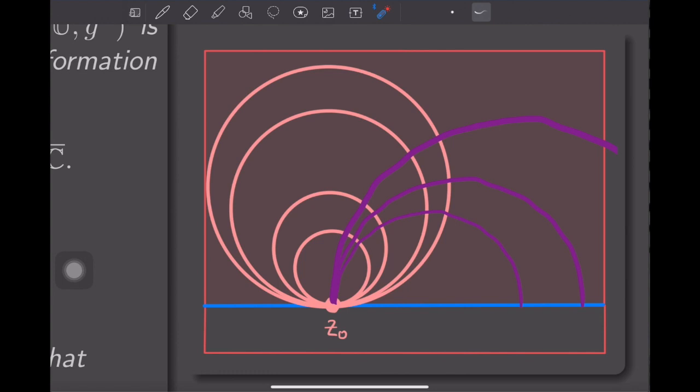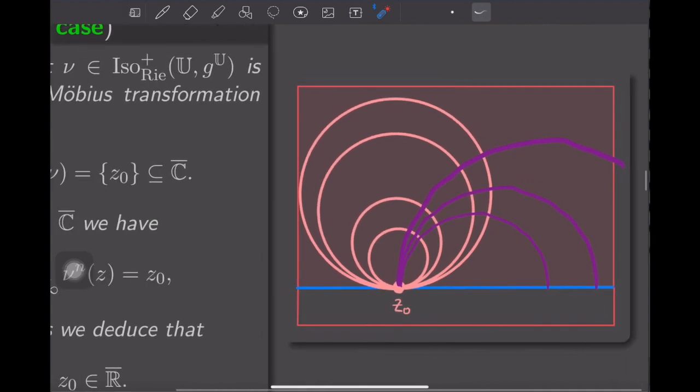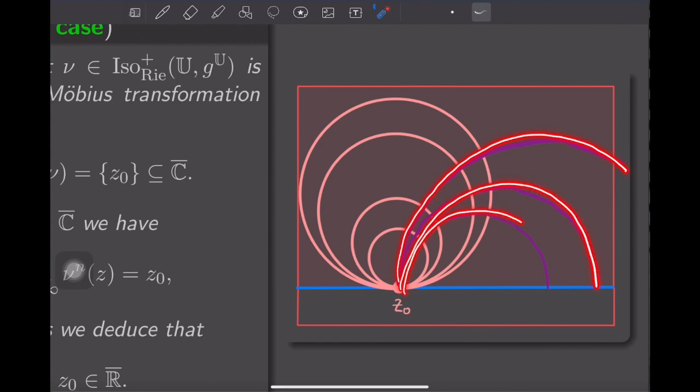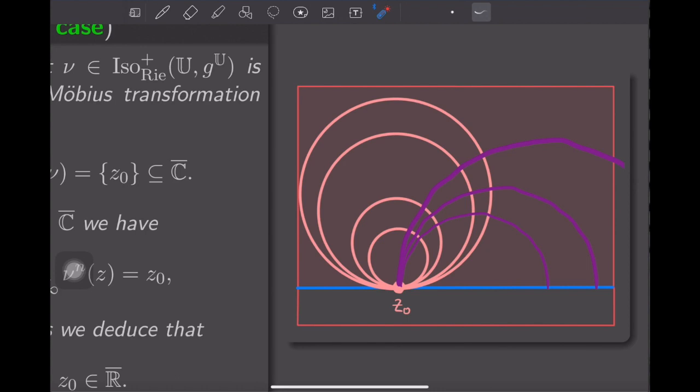Okay, and now the orthogonal family that we defined for this family of circles, you see, it precisely contains these shortest curves in U. Right? So somehow the behavior is, for instance, if the iterations move in the counterclockwise sense, this whole shortest curve is mapped by nu to another such shortest curve, let's say like this.